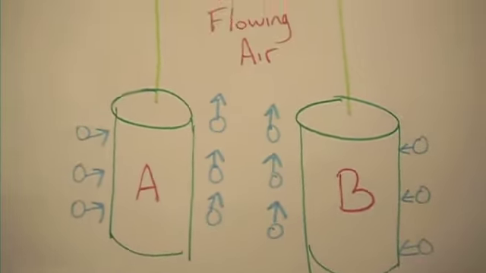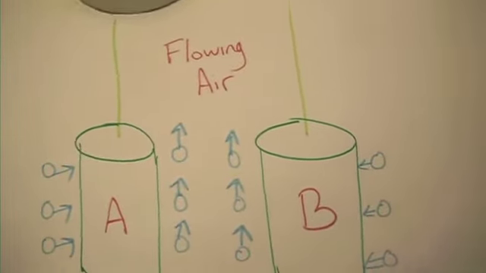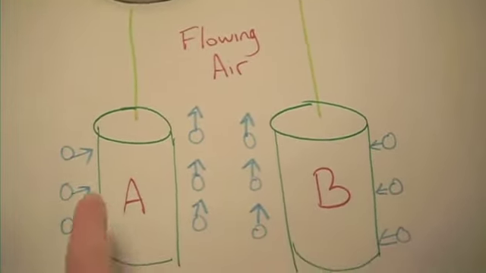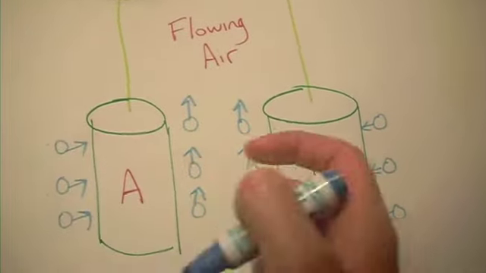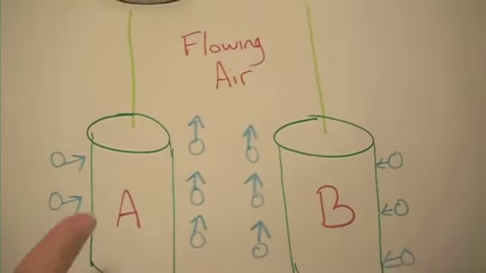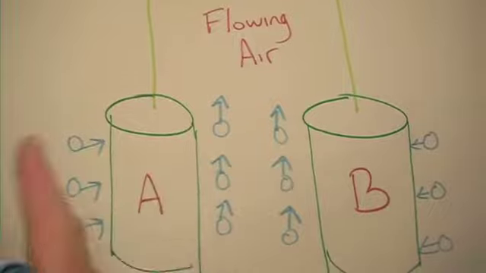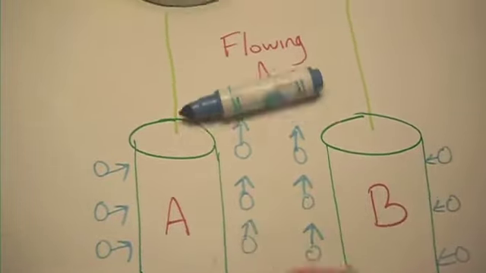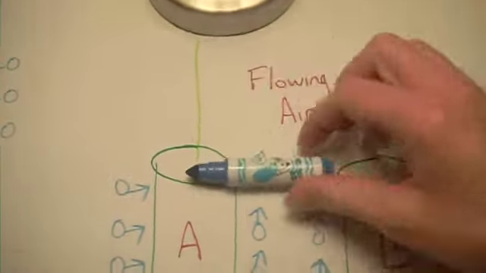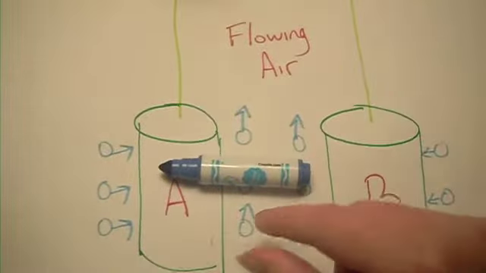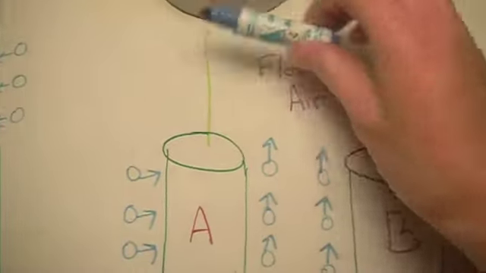So you can see from this picture that the forces are not balanced out. These molecules are pushing this way, but there's nothing to balance it out. It's just as if you were to push against something, like this marker, and there's nothing pushing back equally on the other side, so it moves. Same thing with the cans.